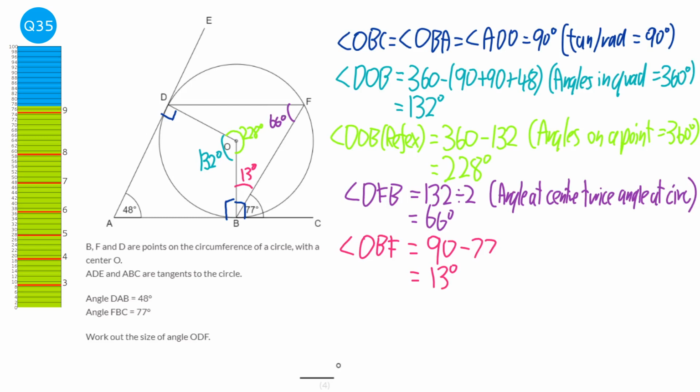And the final thing really here is that we've got a quadrilateral, kind of arrowhead, and we've got three of the angles, 1, 2, 3, and we're looking for the third one.